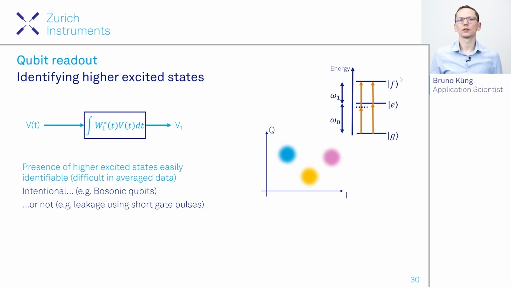So for instance, if there's an excitation to the F level present in the data, that's difficult to tell from average data, but in these ensemble data, it becomes apparent as we'll have more than just the two blobs in the data, and we can identify this state. And this may be something intentional in bosonic qubits, for instance, or it may be something that we want to avoid, such as F state leakage.